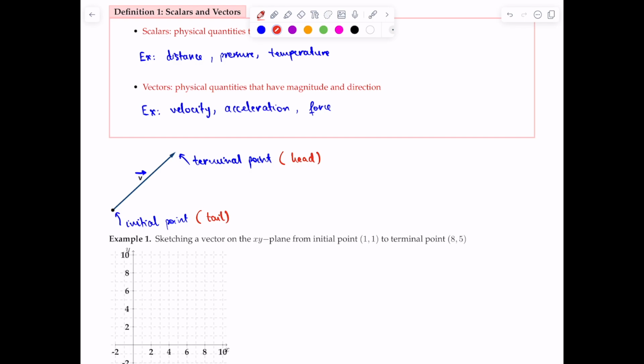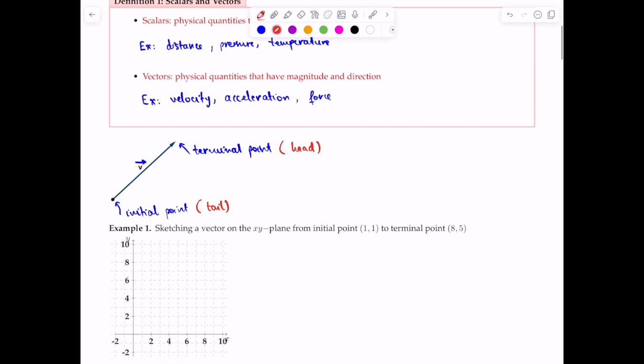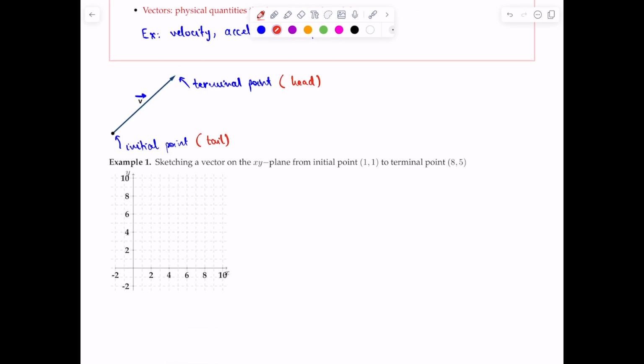Now let's graph a vector on the xy plane given the initial point (1, 1) and terminal point (8, 5). So this is (1, 1) and this is (8, 5). The tail is (1, 1) and the head is (8, 5).